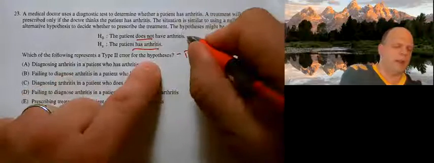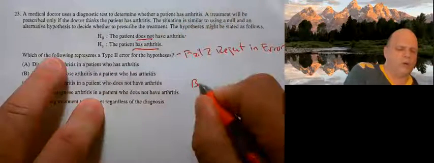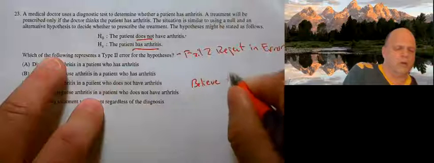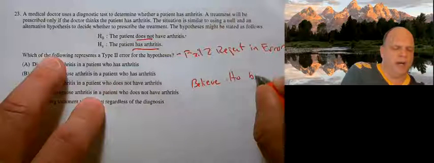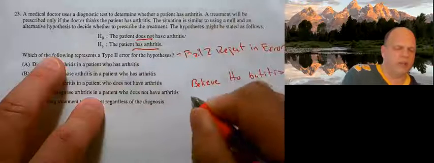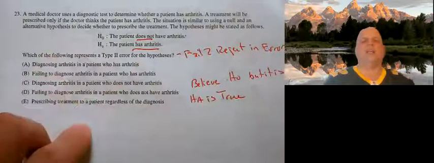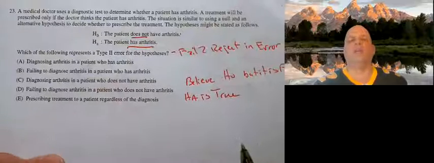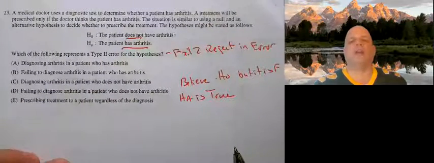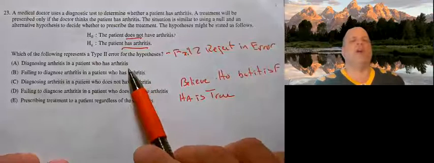So we believe HO, but it is false. HA is true. All right, so that's a type 2 error. We believe HO, but it's false. HA is true. So which represents a type 2?